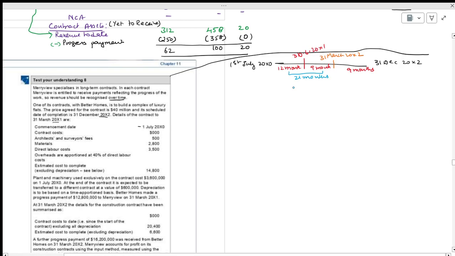Overall 30 months in total. Are you clear about this?